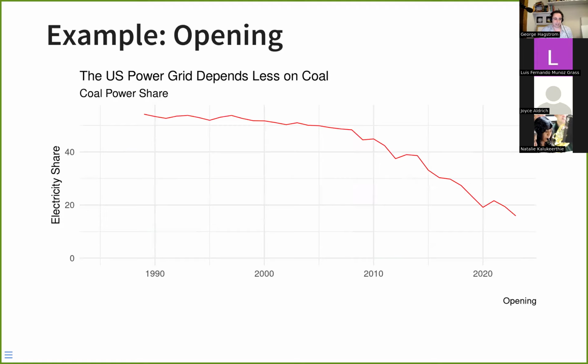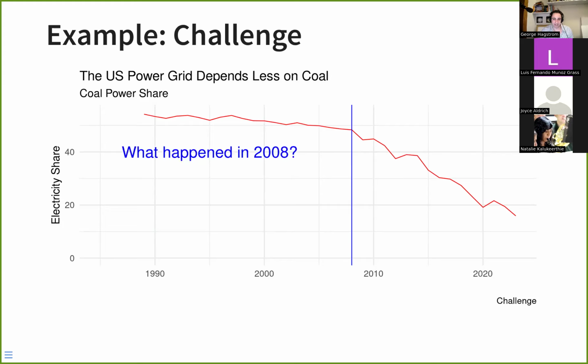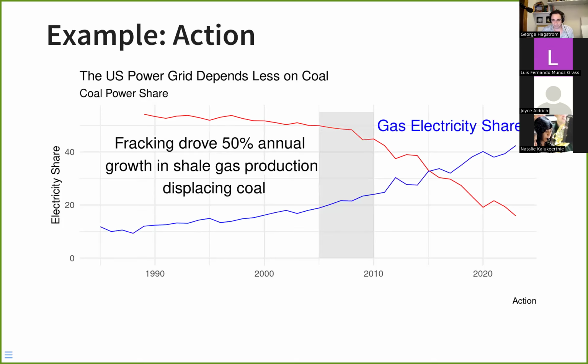So here the opening is, oh, there's this interesting thing that's happening. We see coal power is declining, and then we notice the challenge, the decline got a bit faster around a certain set of years. And why did that happen?